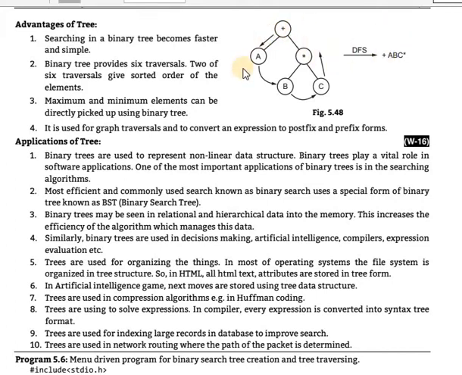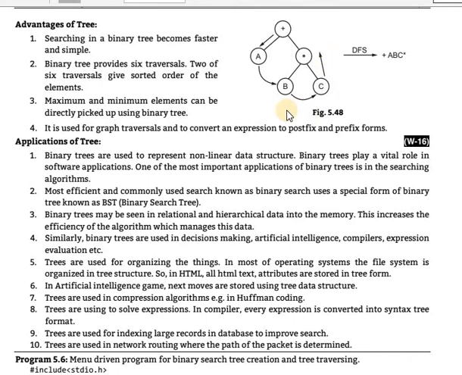Move towards the leaf node. In the left part the leaf node is A, so A will be displayed. Go to the next leaf node after A, which is B, so B is displayed. After that C, so C is displayed. Again the root, multiplication, is displayed. This is the example of depth first search of a tree.